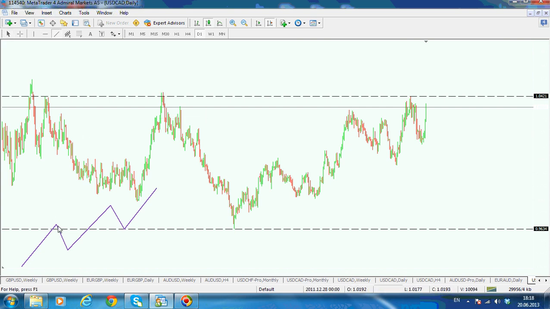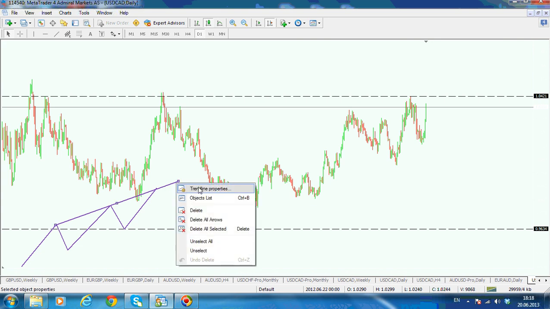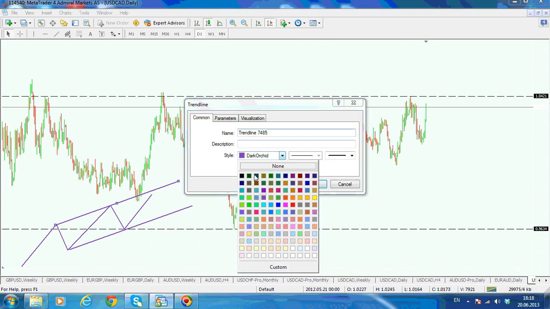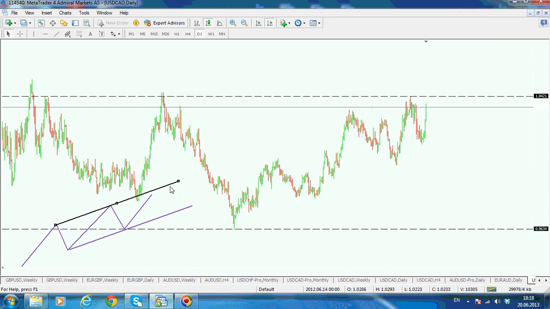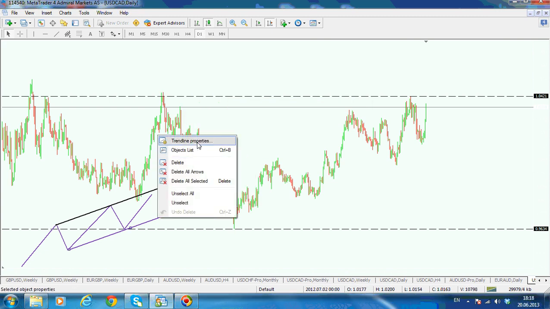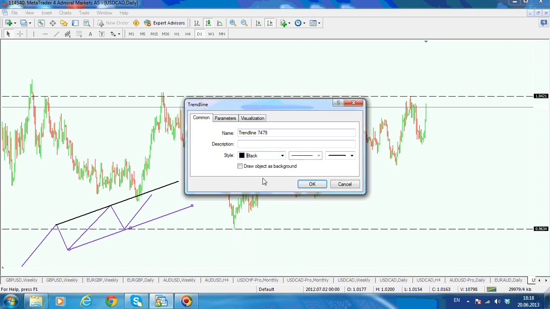Whenever you have a leading or an ending diagonal, you should look for the 1 to 3 trend line and the 2 to 4 trend line, and in a leading diagonal these should not be pierced. Let me change the color of this one. Let's make this one black, and this one black as well.